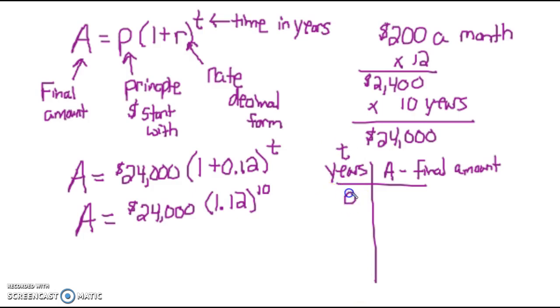So if at 0 years we have $24,000, after 10 years, do you guys get 74,540? Well, we're just starting to add the interest at that point.